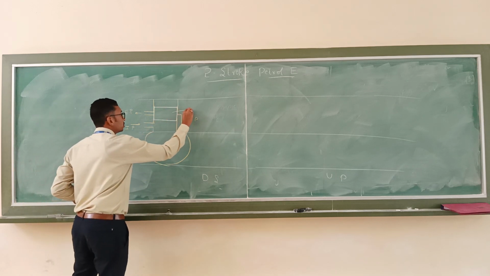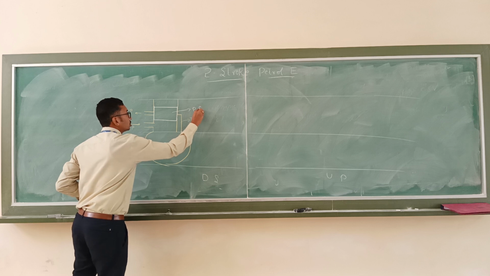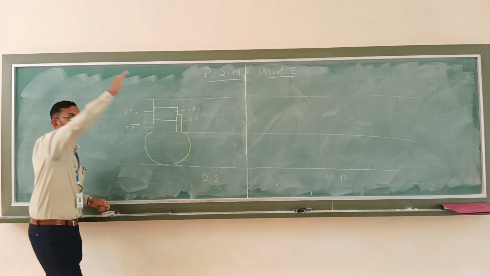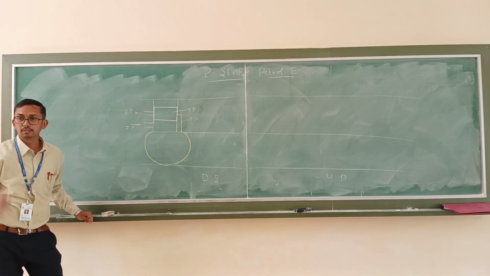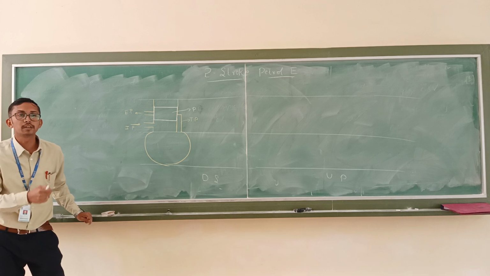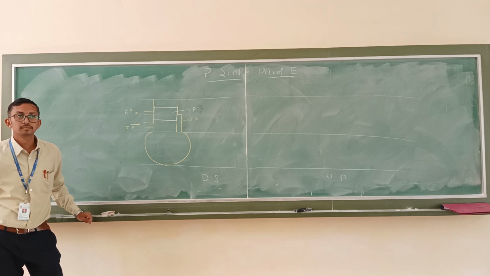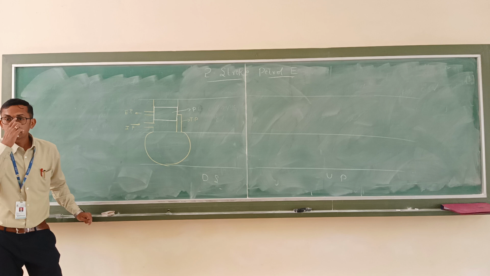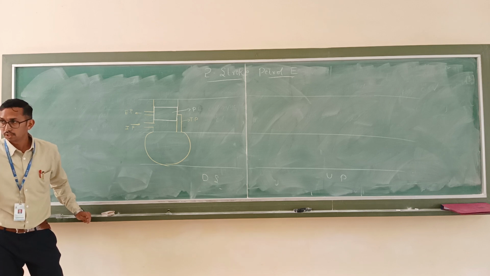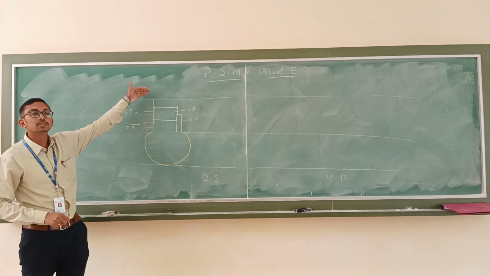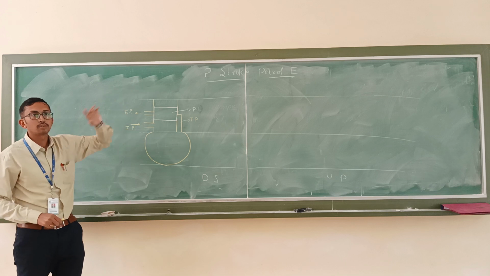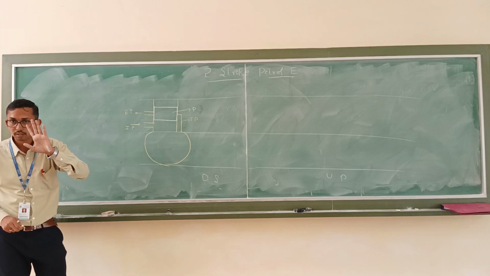This is a piston. The piston will be at the top dead center. What is the meaning of top dead center? The extreme position of the piston nearer to the cylinder head. So that we are going to call as top dead center.